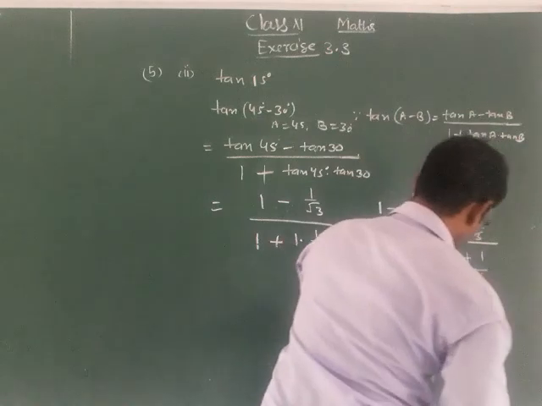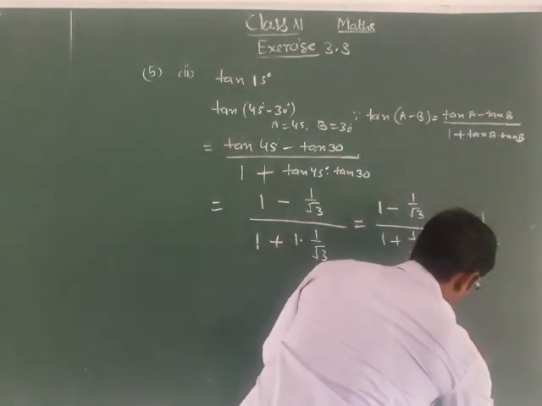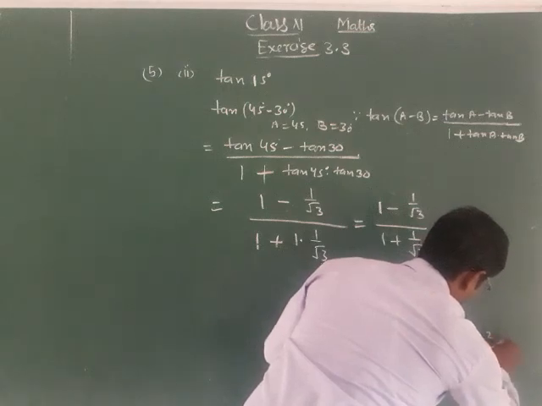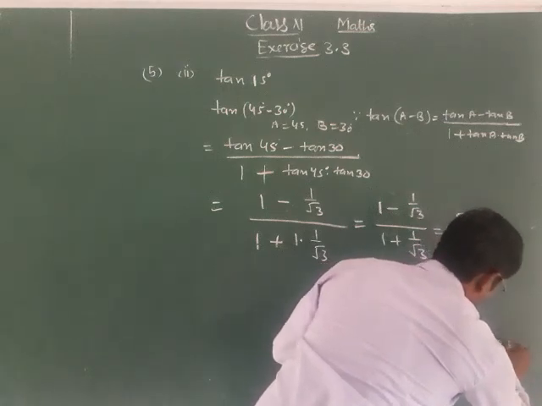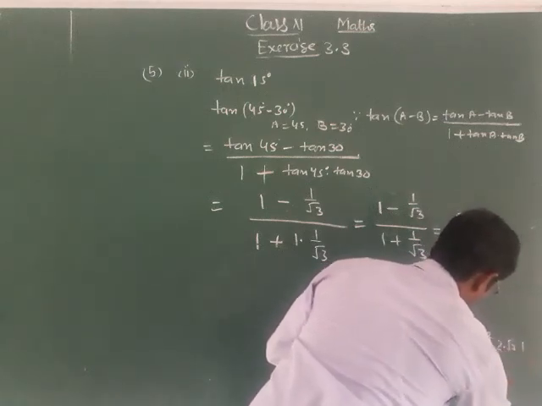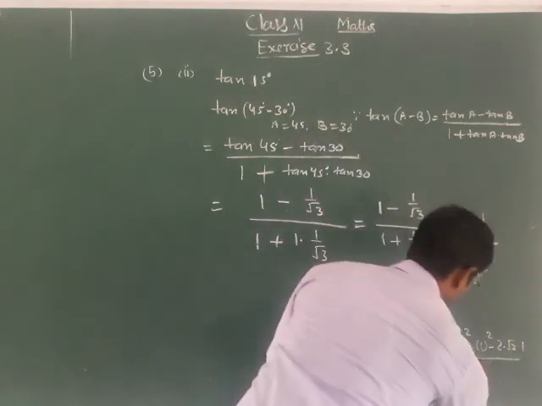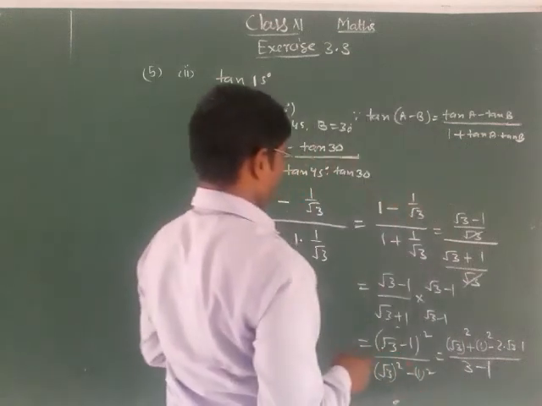And (a minus b) whole square is root 3 square plus 1 square minus 2 times root 3 into 1.